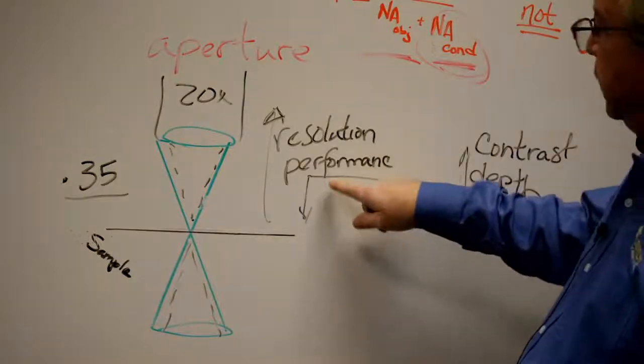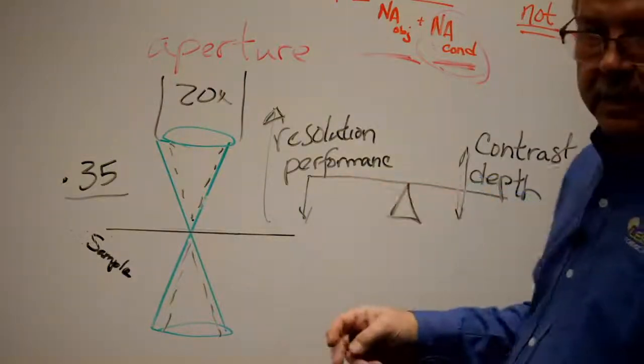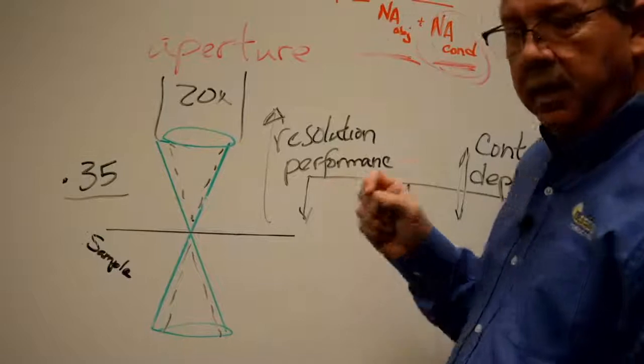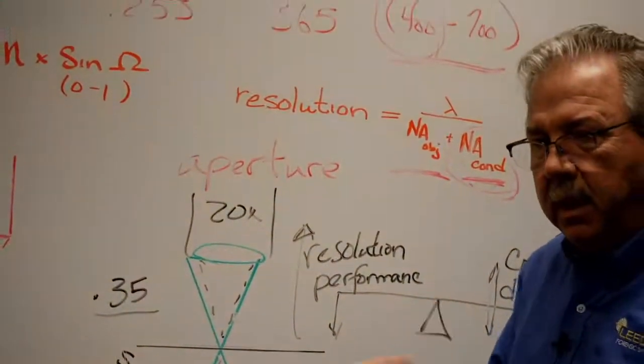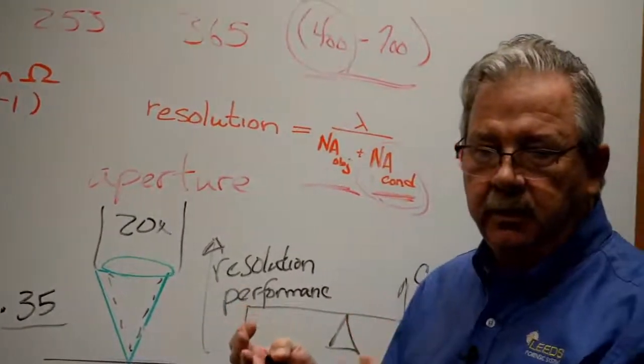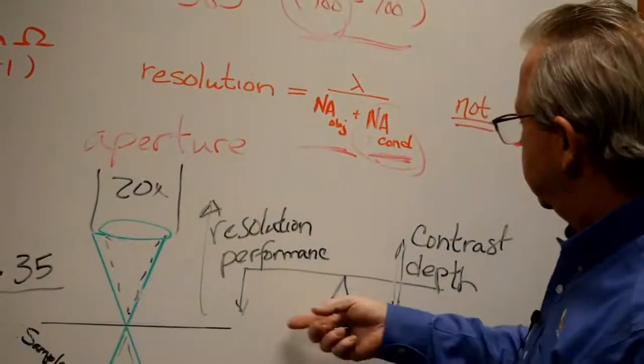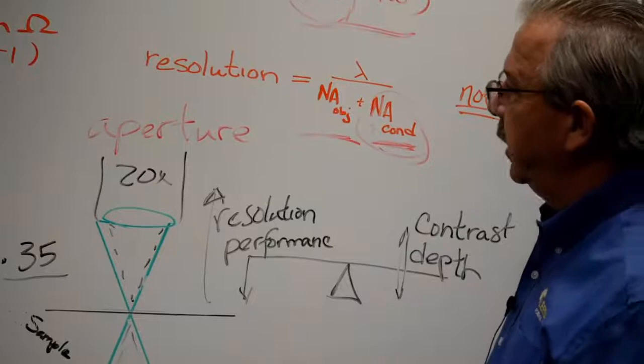And I specifically use the word performance here because I'm not talking about the actual number that you're able to resolve. I'm talking about the quality of the resolution, okay? It's the only way this little balance will work out.